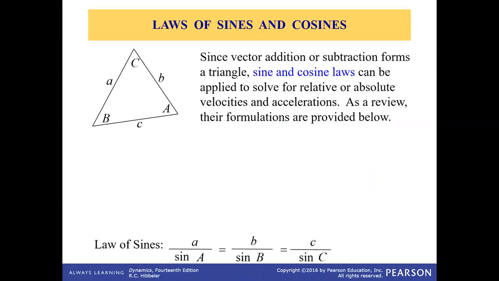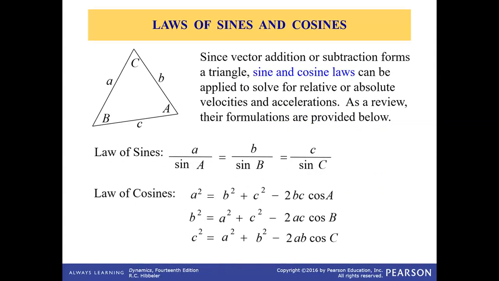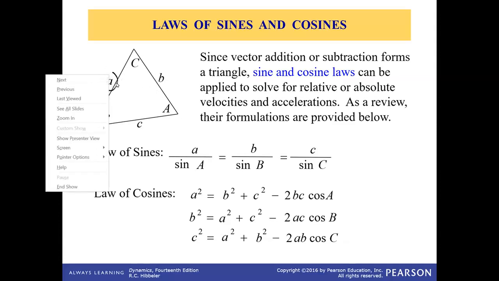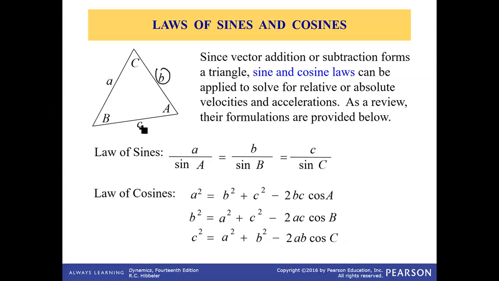For example, this slide is very important because it explains the law of sines and cosines. For the law of sines, let's consider this triangle, and the lengths of the sides of the triangle are a, b, and c respectively. In terms of vectors, the length indicates the magnitude of the vector.